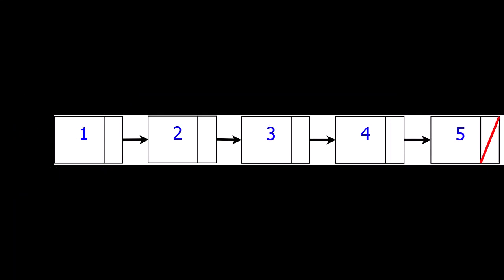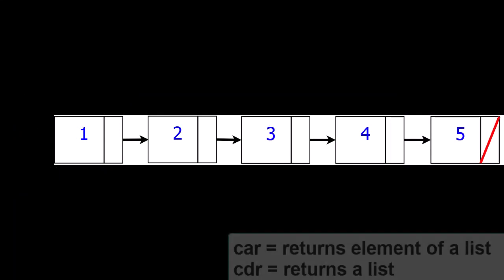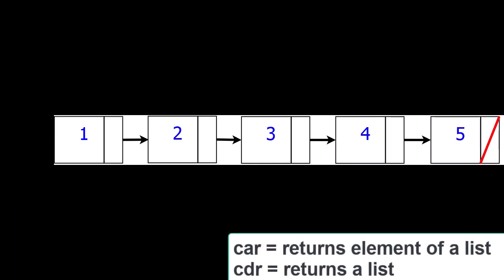So now if we wanted to get the 5th element in this list, which happens to be 5, kind of giving away what's going on here. First of all, there's really actually 2 answers to this. One is a technicality, but it's really, really important. Remember that car will return an element from a list, but CDR returns a list.